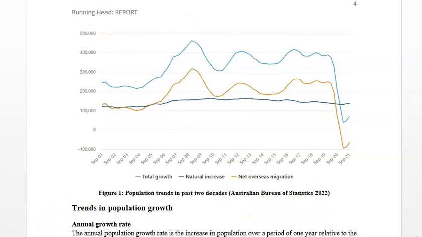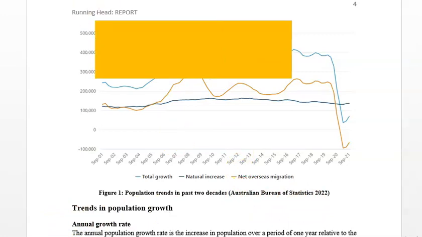In order to access this source, what we can do is we can type population trends in the past 2 decades in Australia and then click on search button, and then we have to look for Australian Bureau of Statistics website and then click on enter. When we enter that, we can access the information regarding population trends in Australia.